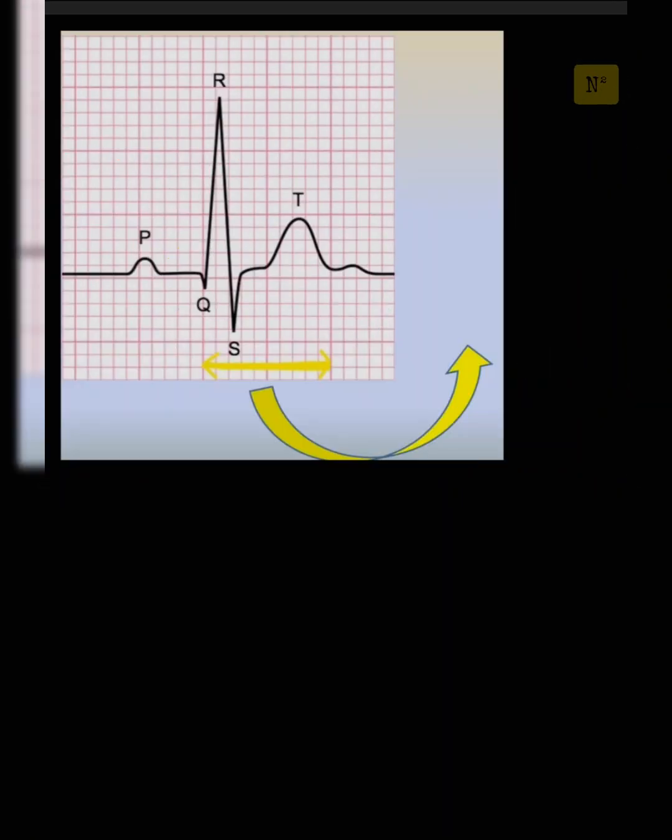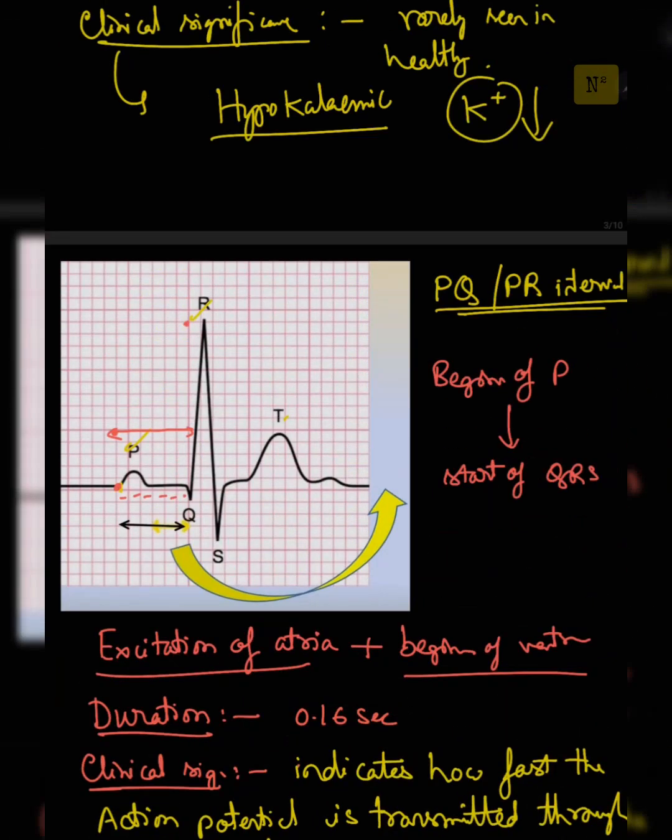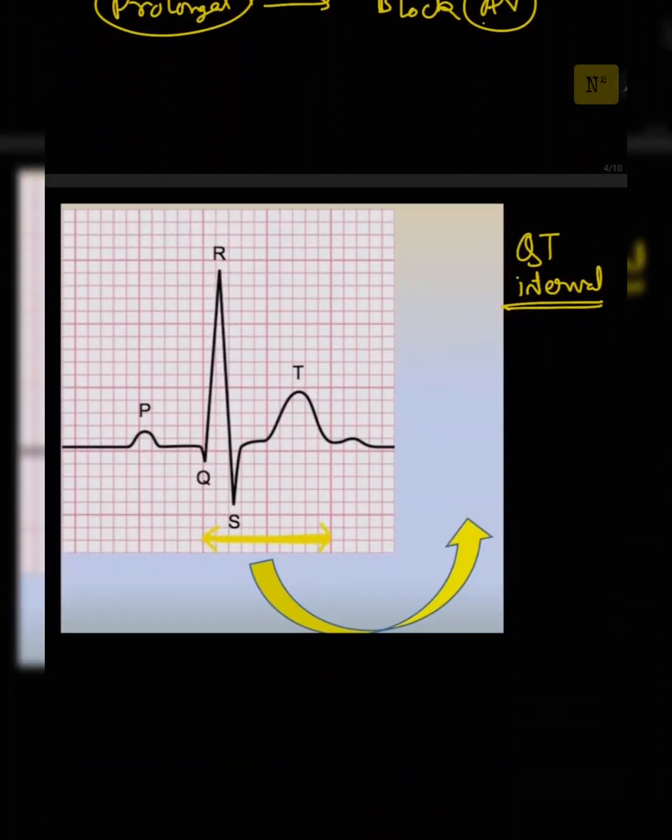Now the next important interval for our discussion is the QT interval. It is an interval, which means the 2 points are joined by a straight isoelectric line along with some positive or negative waves.